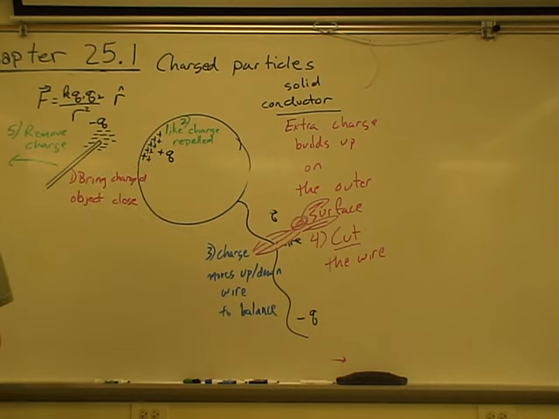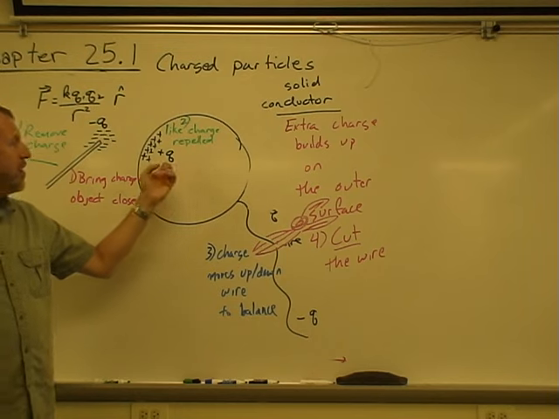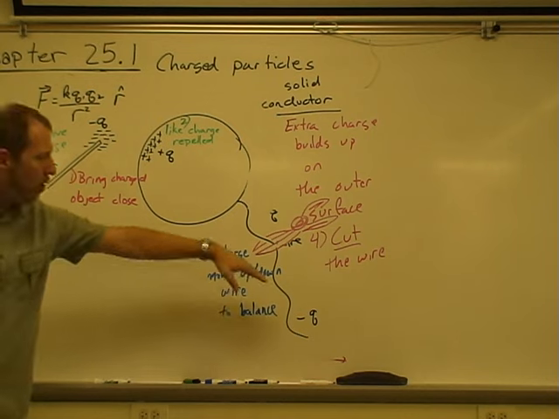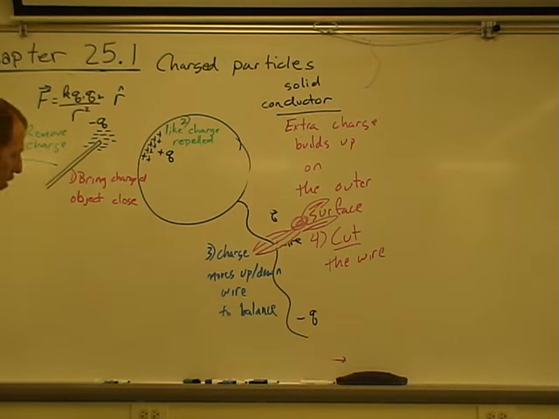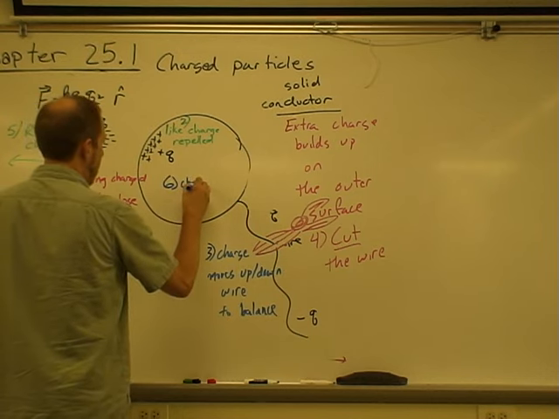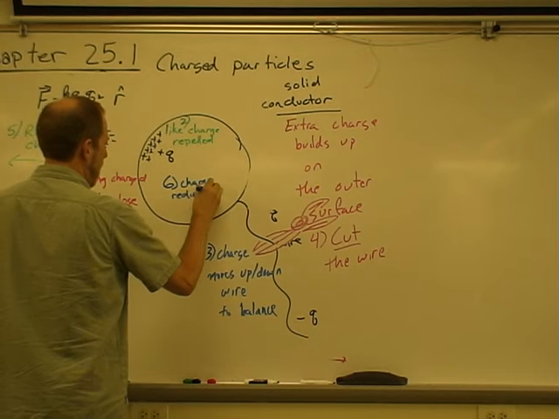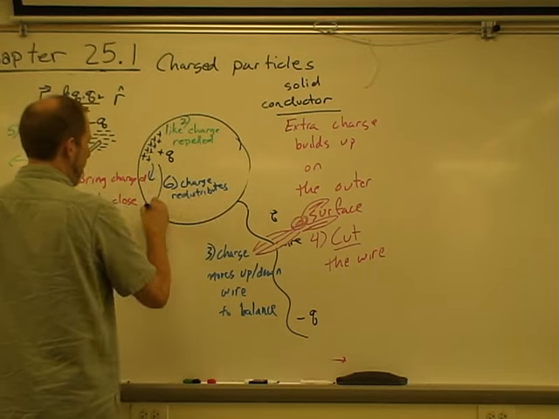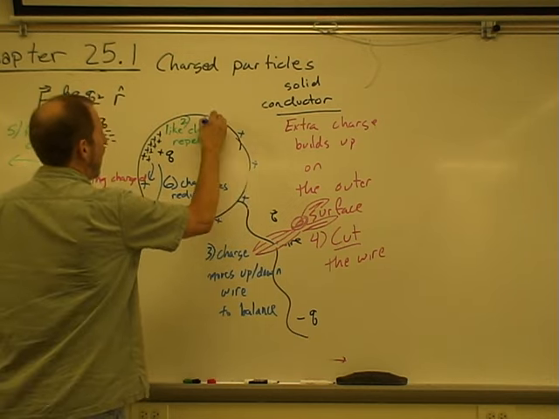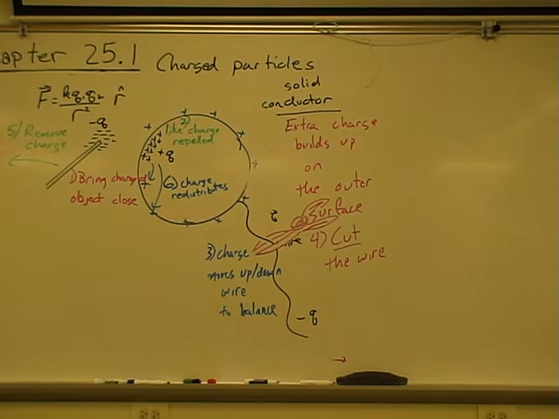This effect would go away, but the electrons either went away and now have no way to get back, or I pulled extra electrons up and now they've got nowhere to go. The next step then is I've got extra charge now, and that'll build up on the outer surface, trying to get as far away from each other as it possibly can.